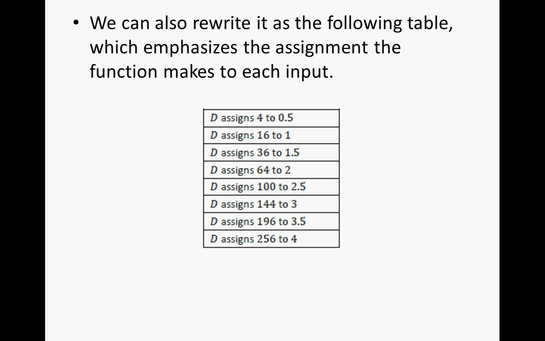We can also rewrite it as the following table, which emphasizes the assignment the function makes to each input. So the function d assigns 4 feet to half a second. d also assigns 16 feet to 1 second, and so on and so forth.